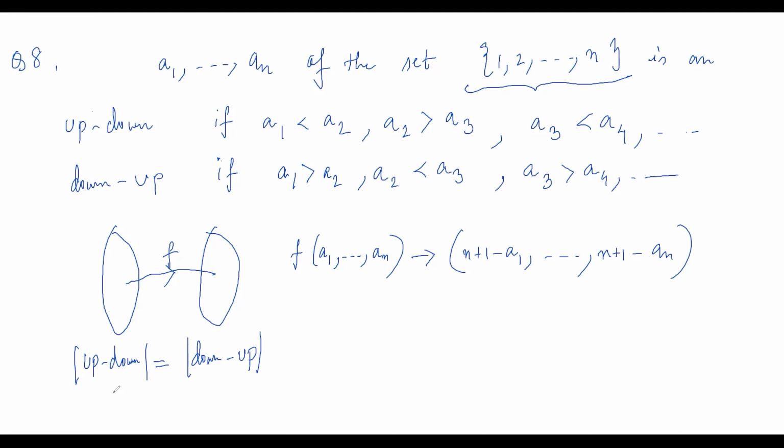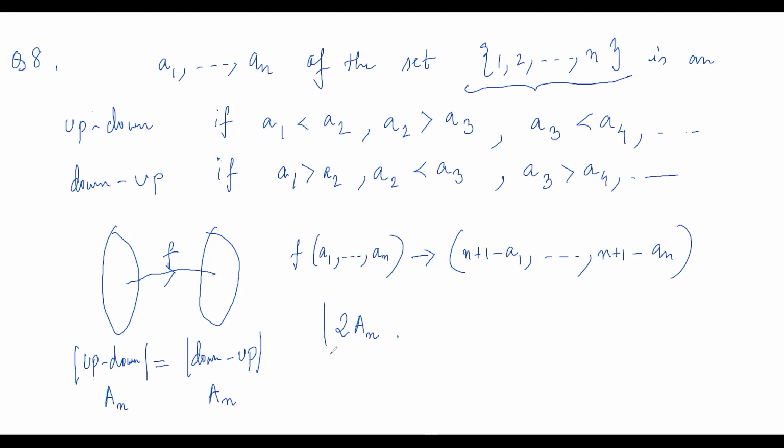So if an is the number of up down permutations of length n, then the number of down up permutations of length n is also an, as they are equal, and so the total number of alternating sequences of length n is 2an.